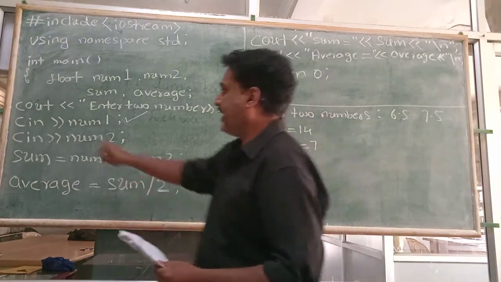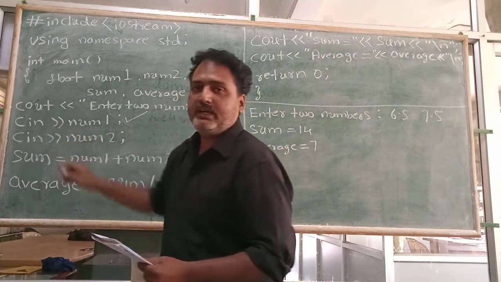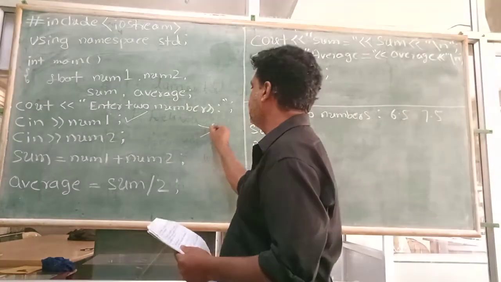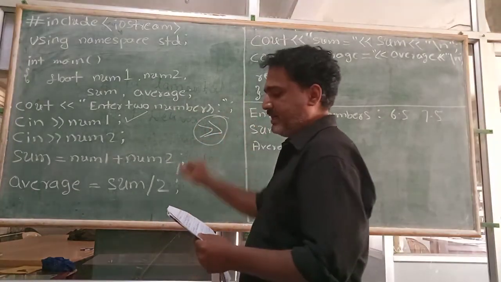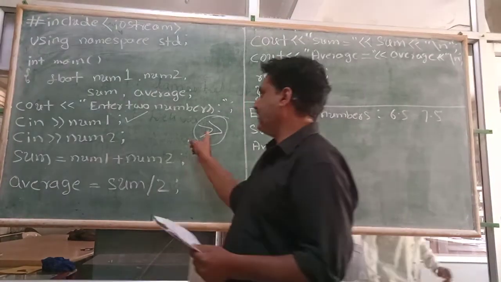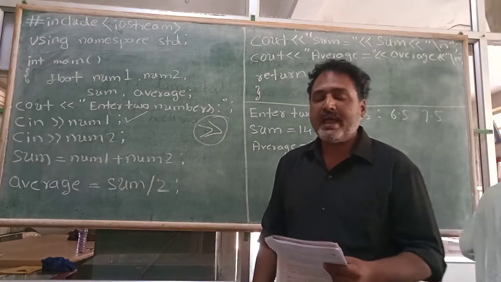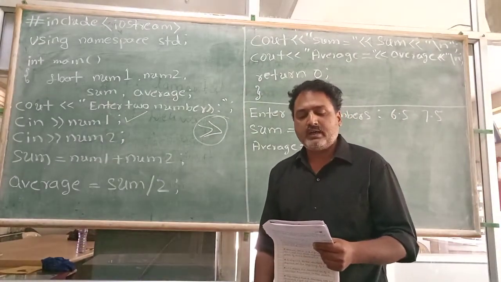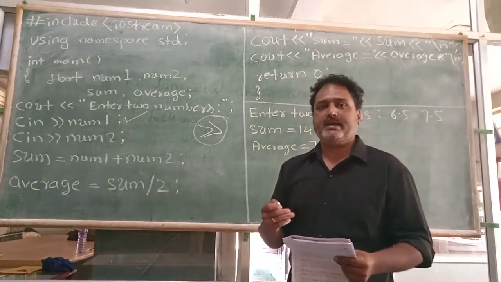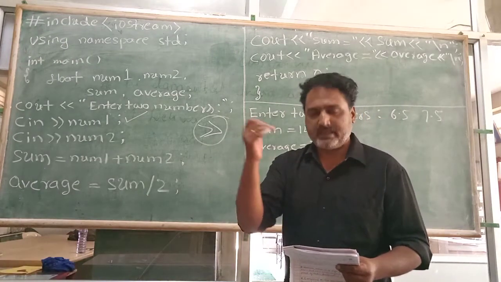See, this operator, here we have written two forward angular brackets like this. This operator is known as the extraction operator. We use it for the cin statement. This operator is known as what? Extraction operator, or get from operator. It extracts the values from the keyboard.